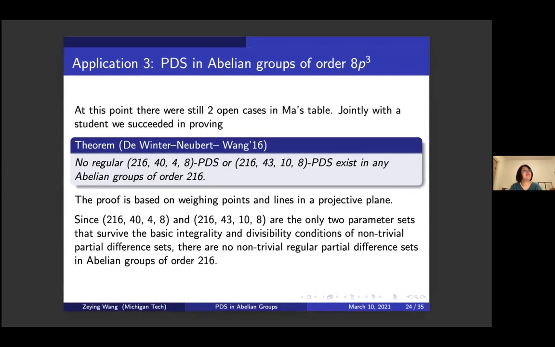For 4p squared, the open possible parameters increase dramatically, but 8p to the 3rd is very different. We can describe the parameter sets completely. They only have 2 cases, or 4 cases. So for each p, the number of possible parameters does not increase.